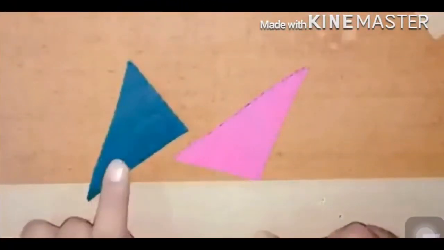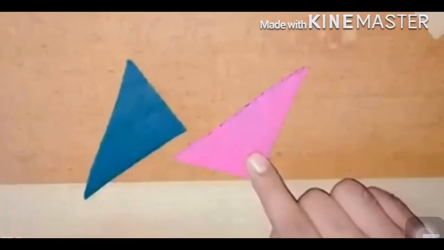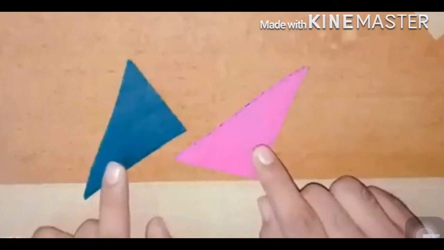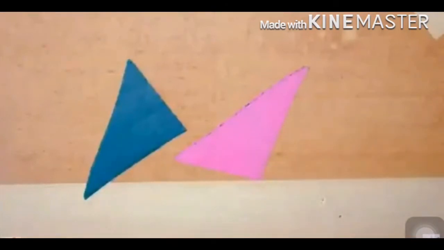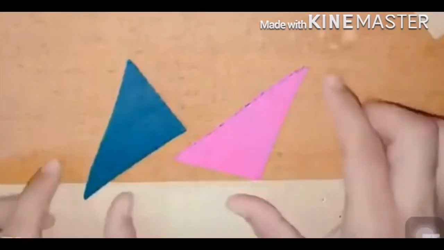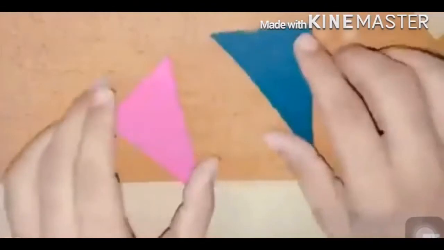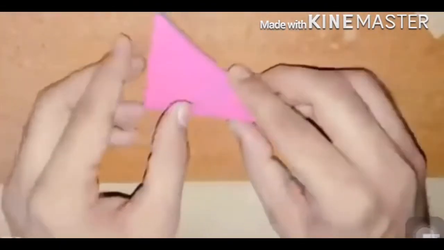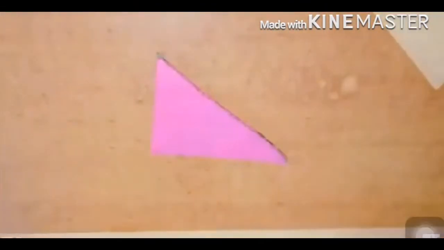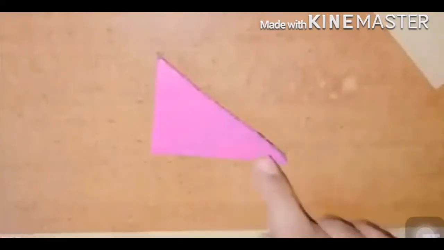So here two triangles are there, one is blue and another one is pink. So these two triangles are triangular in shape. If they are the same size, they are congruent; if they are not the same size, they are not congruent. So we will check whether these two are the same size or not by overlapping one on the other. So on the blue one we will keep the pink one. The pink triangle completely covers the blue triangle.